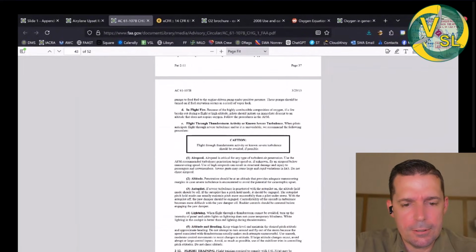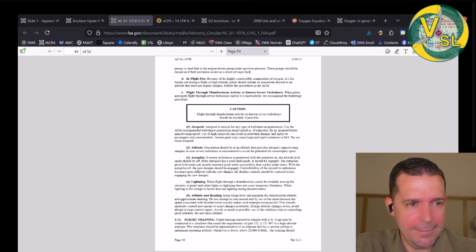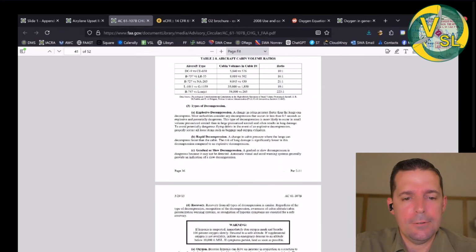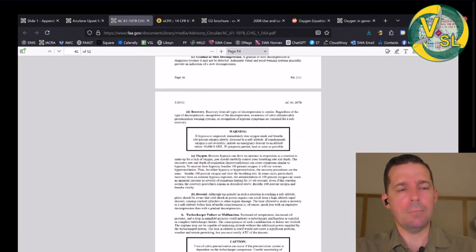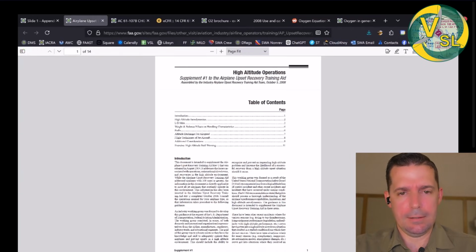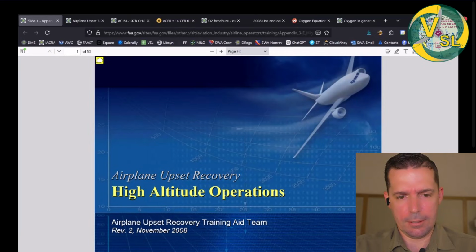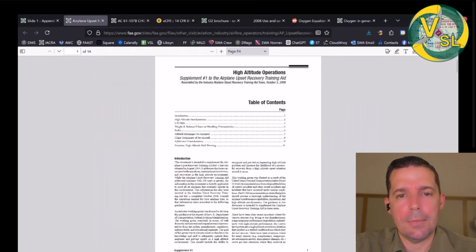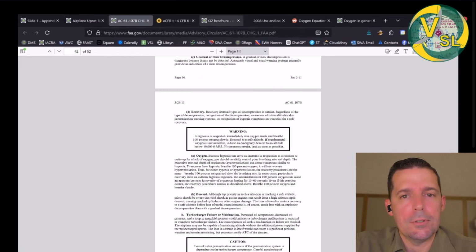I feel like I've talked for a while now, hour 30. A lot of that was the technical difficulties at the beginning, but I pointed this out. The 61107B, then the other two documents that I've posted on here: our high altitude operation PDF, which you can find on the Discord, and the airplane upset high altitude operations, a supplement for the airplane upset recovery training aid that the FAA produces.